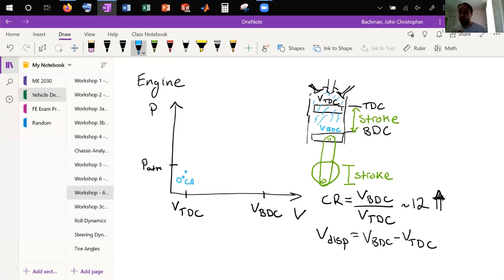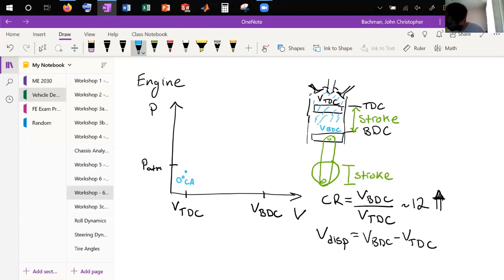That way you can tell 0 degrees after compression versus 0 degrees after exhaust, because those are very different parts of the phasing. If you don't have those, you have to spray twice and spark twice, because you won't know which cycle you're in, which is what we end up doing for our formula engine.